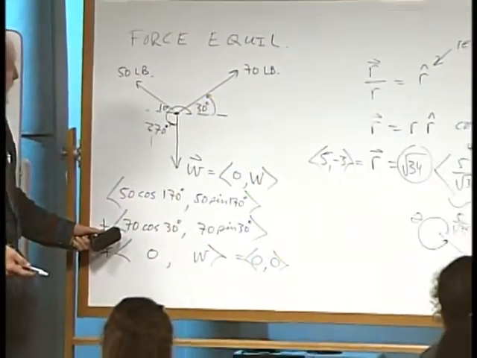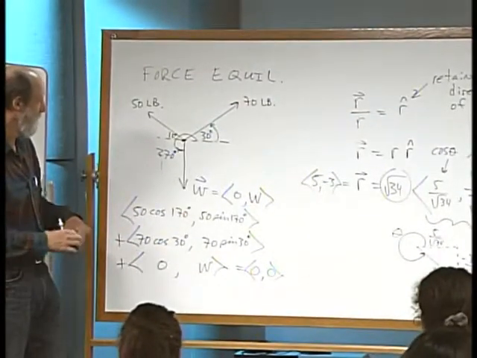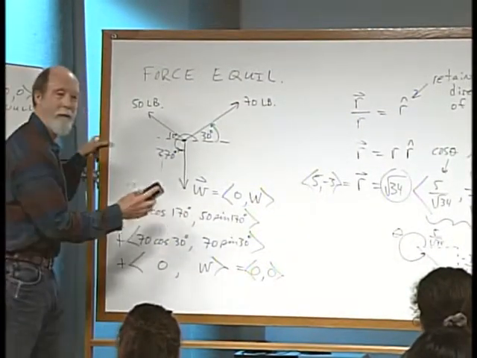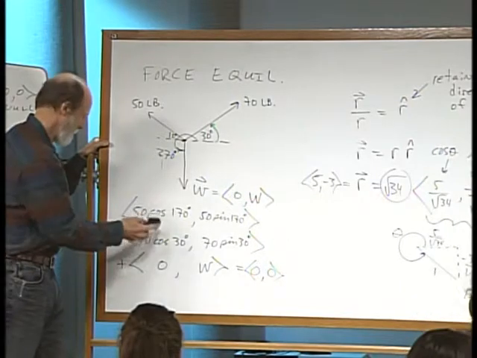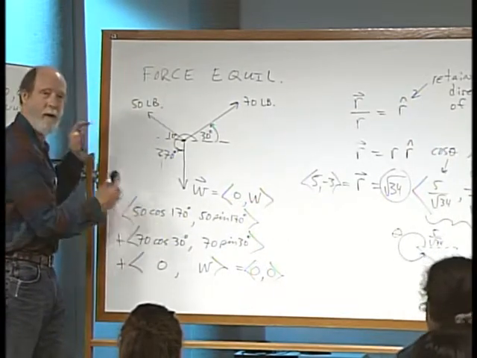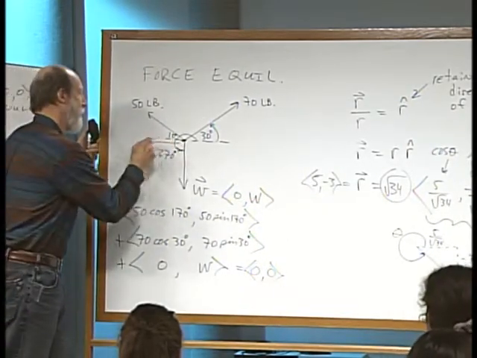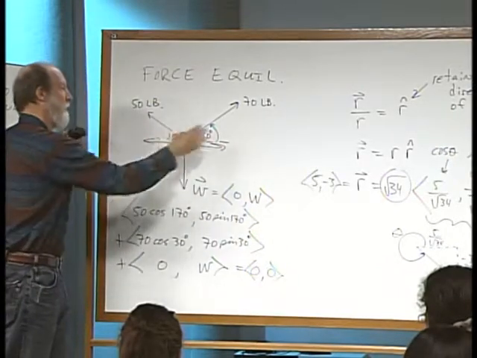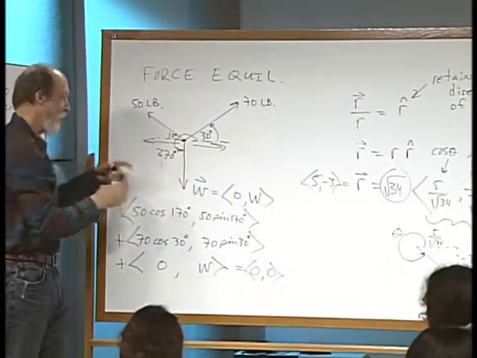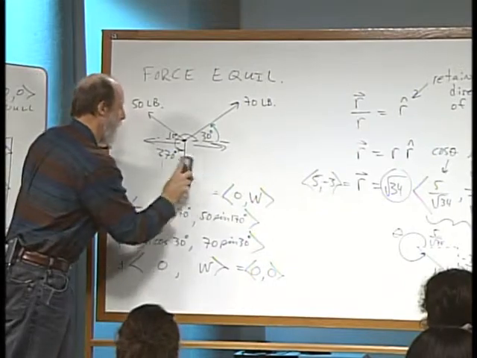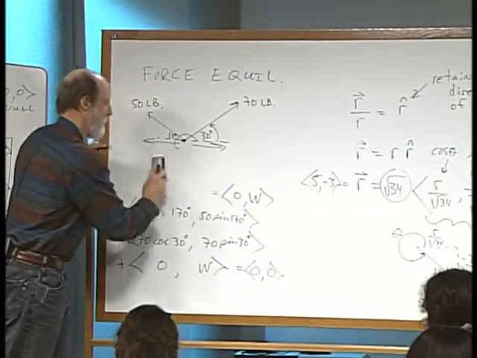Hold it. You know something? That's not going to work. These are not going to equal 0, because this is a leftward part of force, right, and a rightward part of force. They'd have to be equal, wouldn't they? So there is something that's skewed off here, so this isn't going to be directly downward, folks.